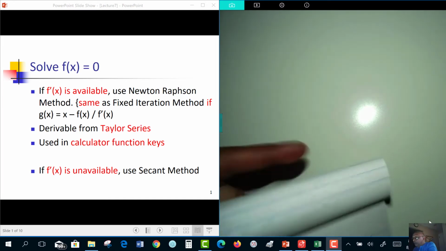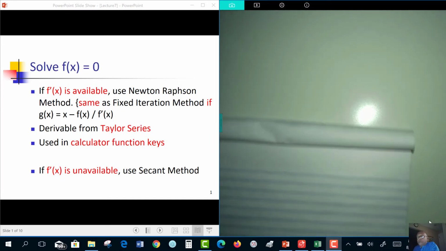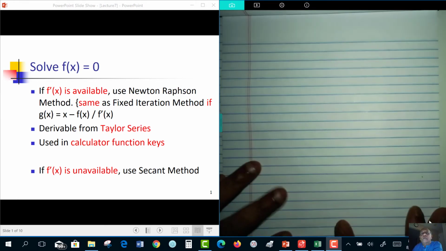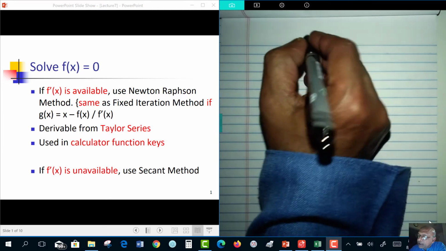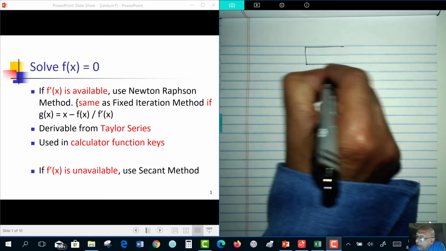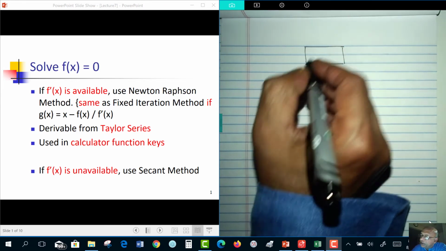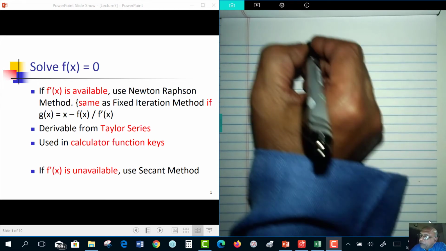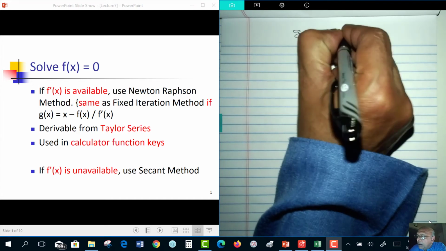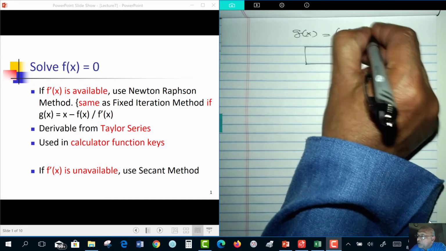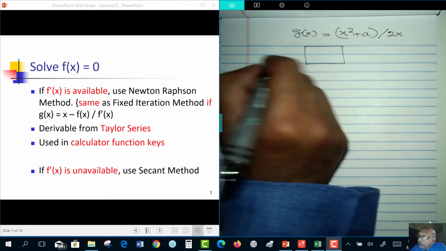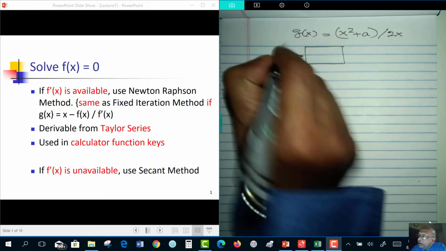So what we can do is design an application specific chip, an integrated circuit chip, an IC chip, whereby given a function x squared plus a divided by 2x, we feed an a to this chip.